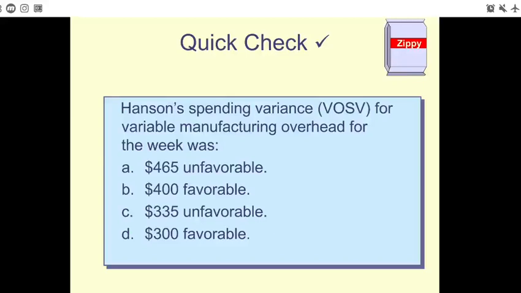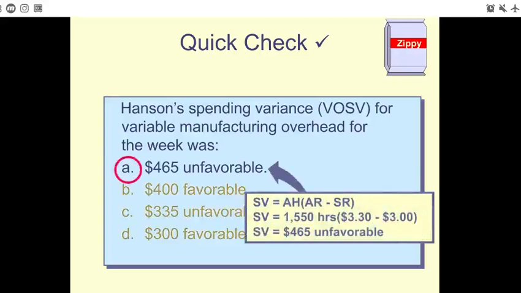Hansen variable overhead spending variance for variable manufacturing overhead for the week was. So to calculate this, you have to use the formula. The actual hour, according to the question, is 1550 hours, and the actual overhead rate is $3.30, and the standard overhead rate is $3.